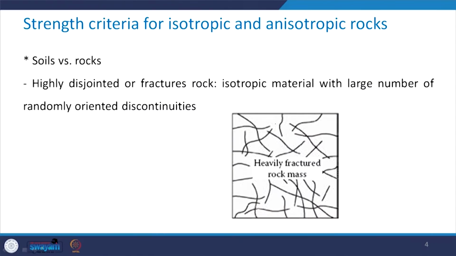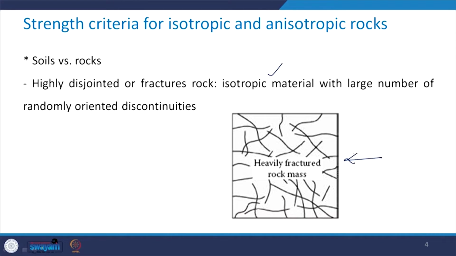Further, if there are more joint sets or if the rock mass is highly disjointed or fractured, then it can be considered as an isotropic material with a large number of randomly oriented discontinuities, as has been shown in this figure.